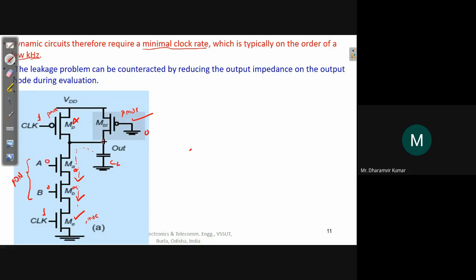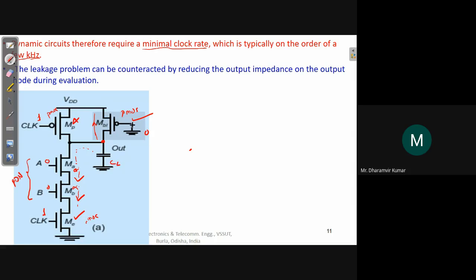So this output is actually connected to VDD directly through this branch, through this PMOS, and that will maintain the value of the output node. So even because of these leakage currents, the value of this load capacitance will not decrease.